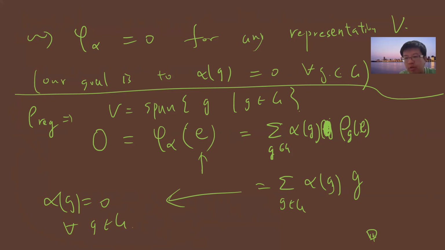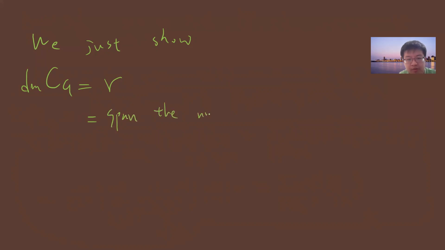So we just showed what? We just showed the character. We just showed the dimension. Originally the dimension is R, right? But we just showed that the space is spanned by all the irreps.